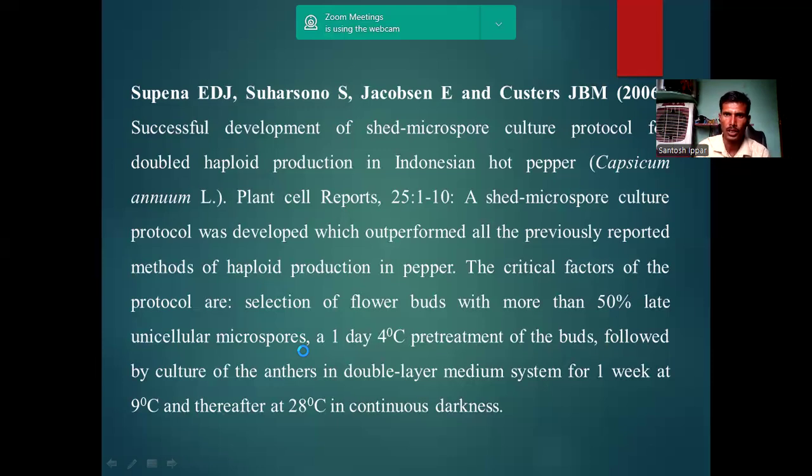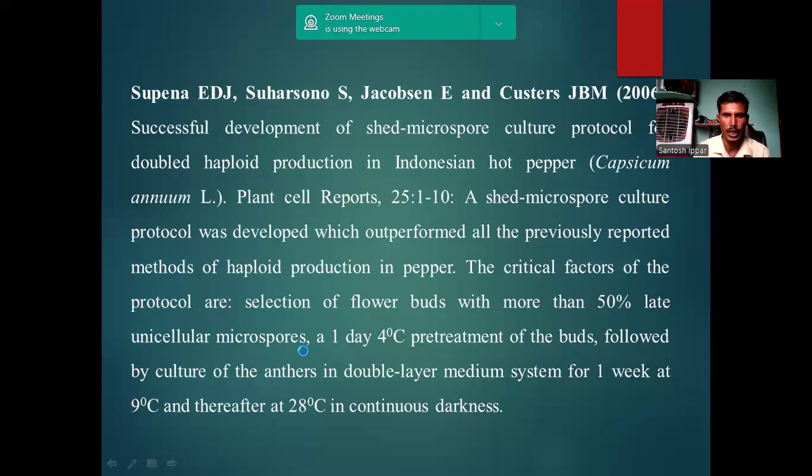One is a semi-solid medium and the other is a liquid medium, to create conditions required for the development of embryos in petri plates in aseptic conditions.